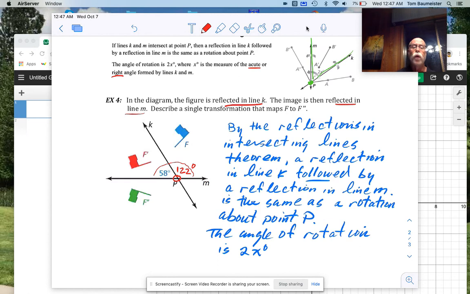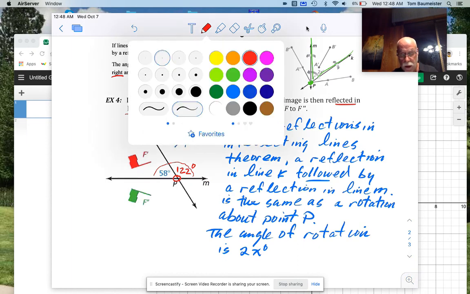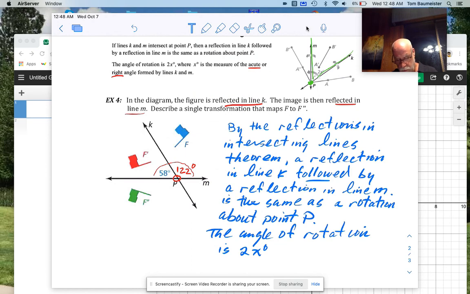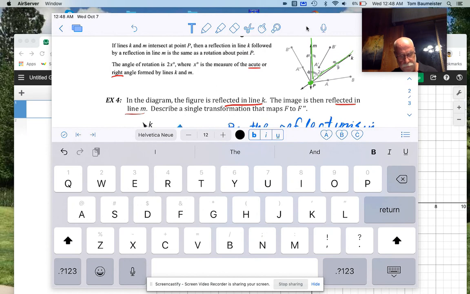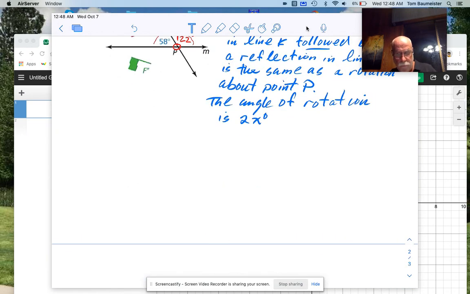We know that 122 degrees is not acute. So the only one that's acute is 58 degrees. So we would then say it's 2 times 58 degrees, which is equal to 116 degrees.